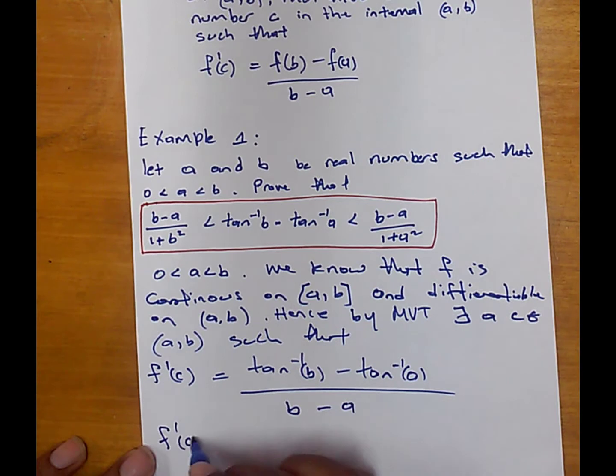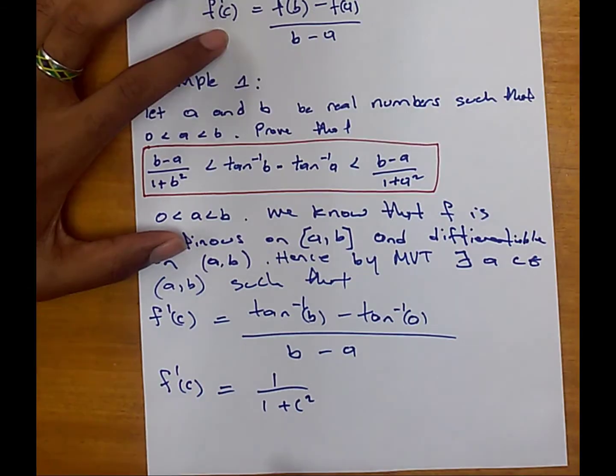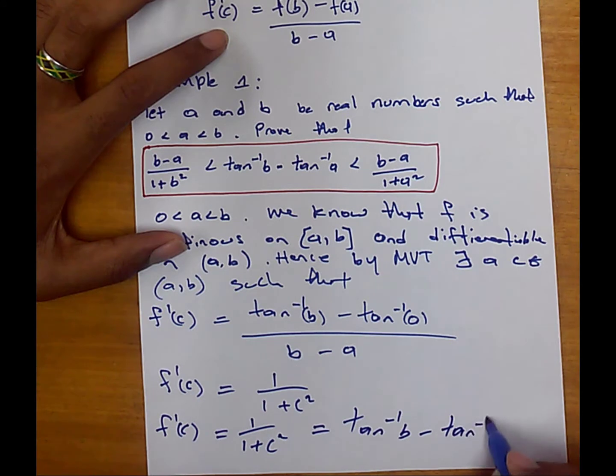Now we have f prime of c is equal to 1 over 1 plus c squared, which is just the differential of tan inverse of c. So this implies that f prime of c is equal to 1 over 1 plus c squared is equal to tan inverse b minus tan inverse a over b minus a.